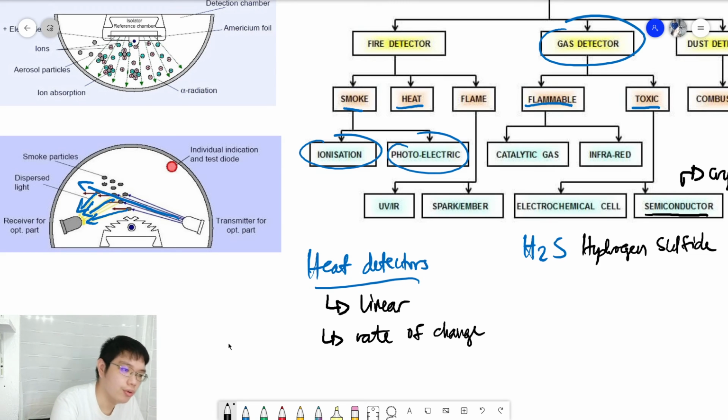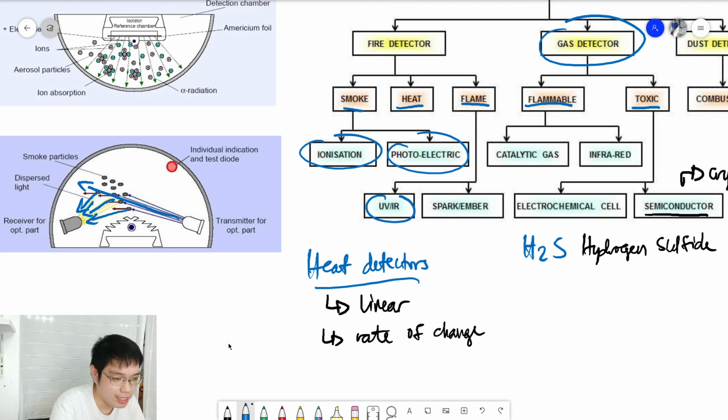Okay, so next we have flame detectors. If you have detectors that look for the byproducts, which are smoke and heat, we also have detectors that look at the presence of the flame itself.